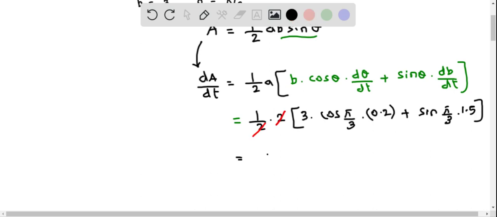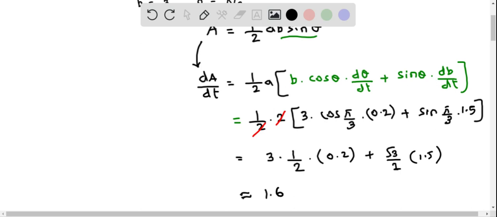And so this becomes 3 times, we already found cosine pi by 3 is cosine 60, which is half, times 0.2, plus sine pi by 3 is root 3 over 2 times 1.5. Using the calculator, we approximately get 1.6. And so this is the rate at which the area changes.